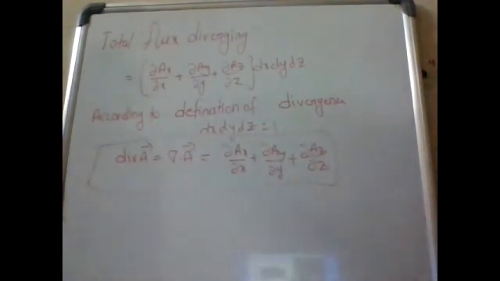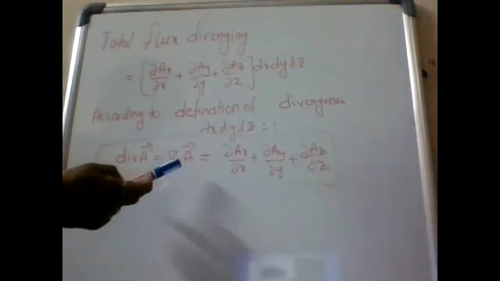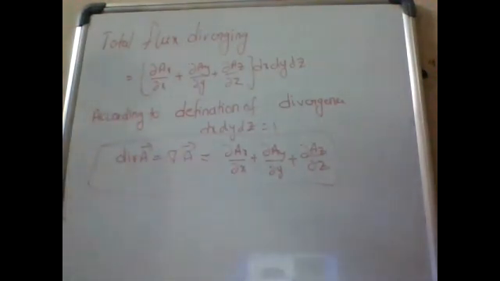So according to the definition of divergence, dx into dy into dz equals 1. We get divergence of A equal to del dot A equal to dou A suffix x by dou x plus dou A suffix y by dou y plus dou A suffix z by dou z. So this is the proof of divergence of a vector field.